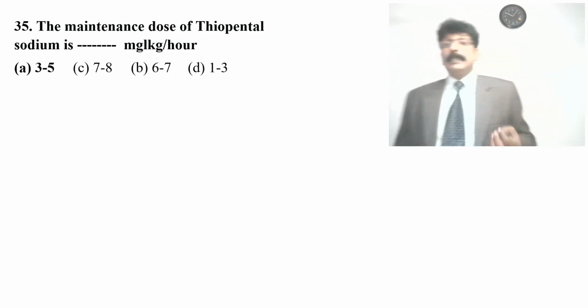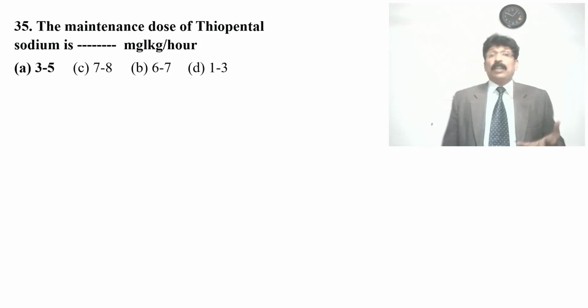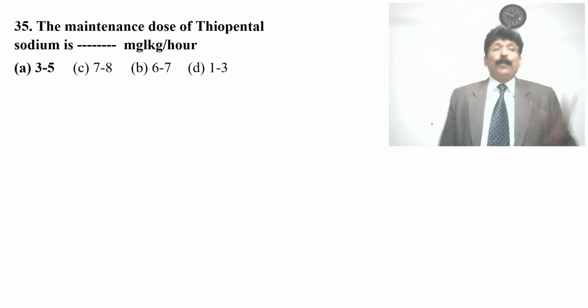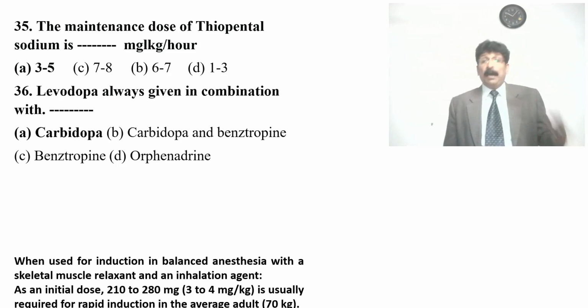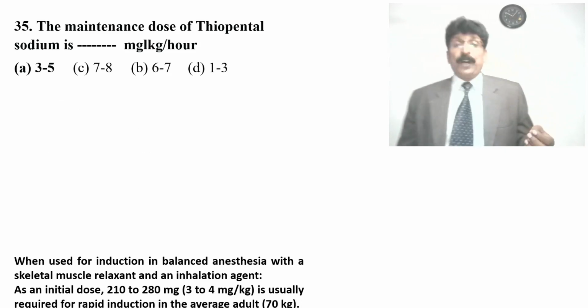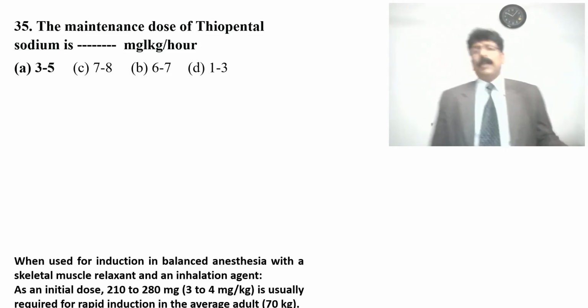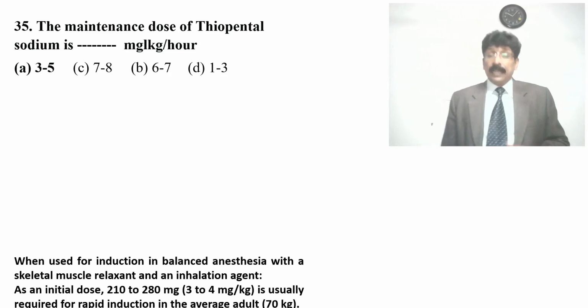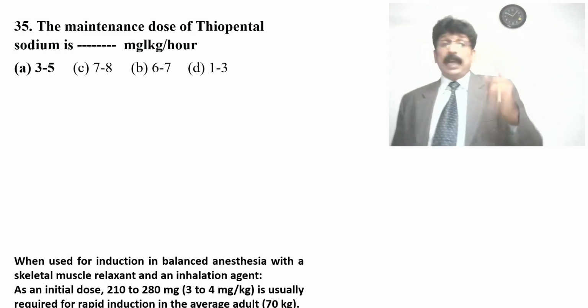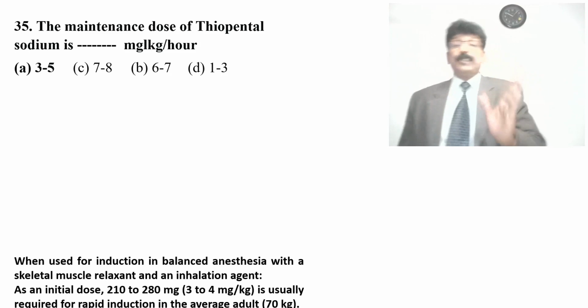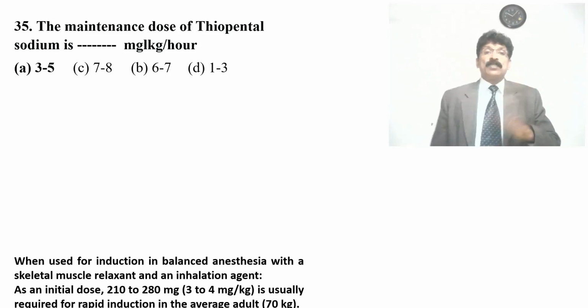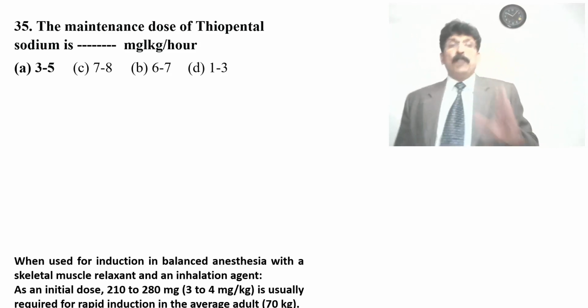Thiopental sodium is an ultra-short-acting barbiturate, especially used for balanced general anesthesia. In that case, the answer is 3 to 5 milligram; the other choices were 6 to 7 and 1 to 3, which is low, but 3 to 5 is the main one.